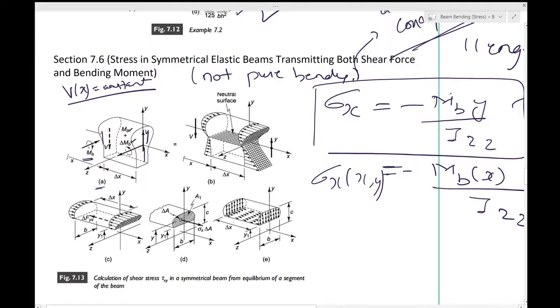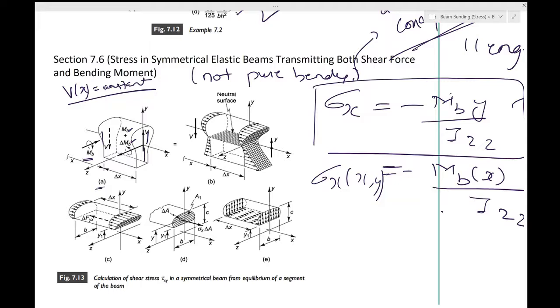This is similar to, if you remember, one face we had taken sigma x, and on the other sigma x plus delta sigma x, and the same would be for the other components. We had done this at some point in our course, I think in chapter 4. So that's how we draw 7.13a.